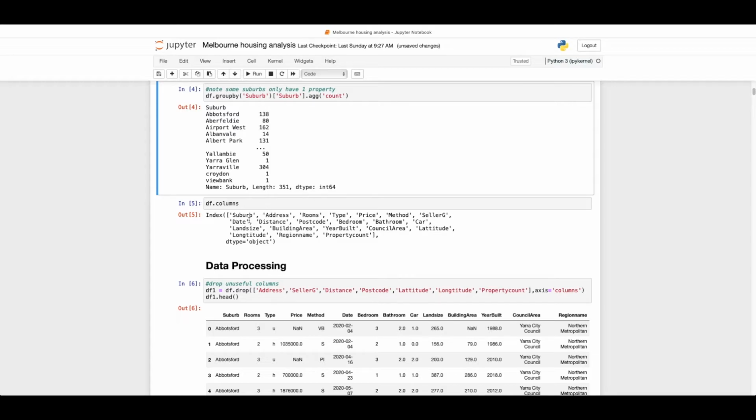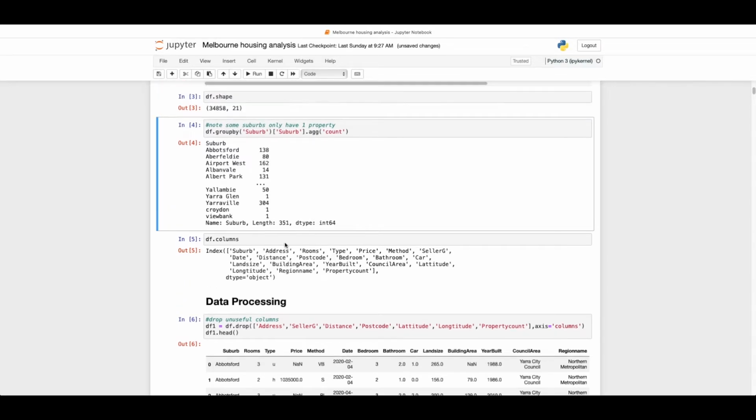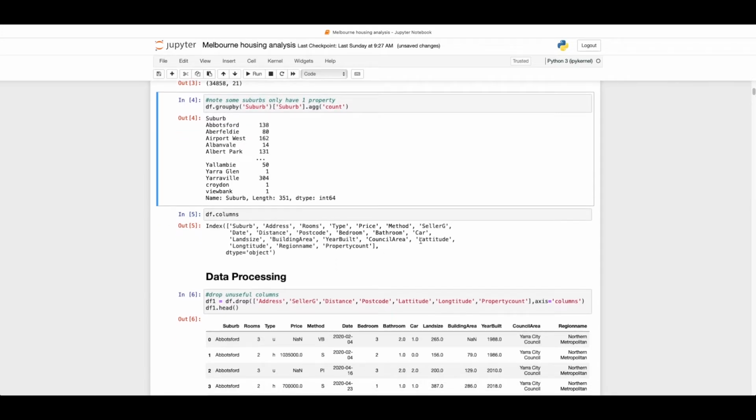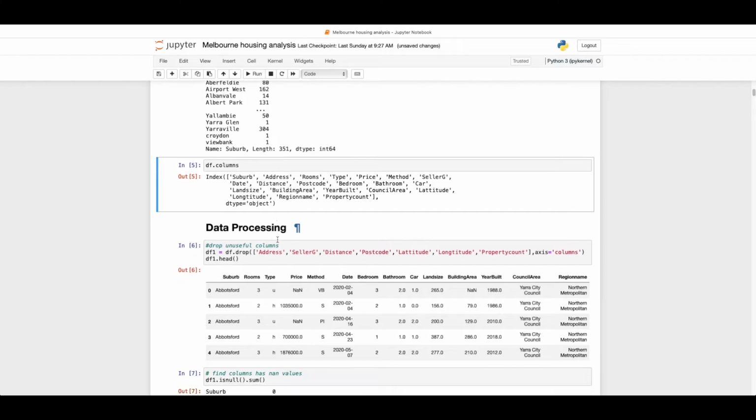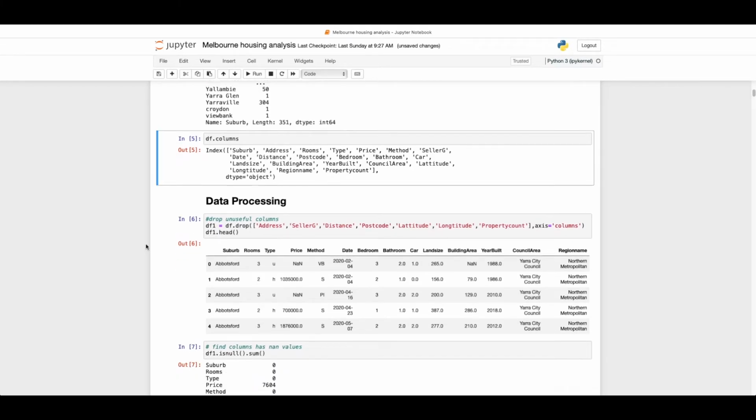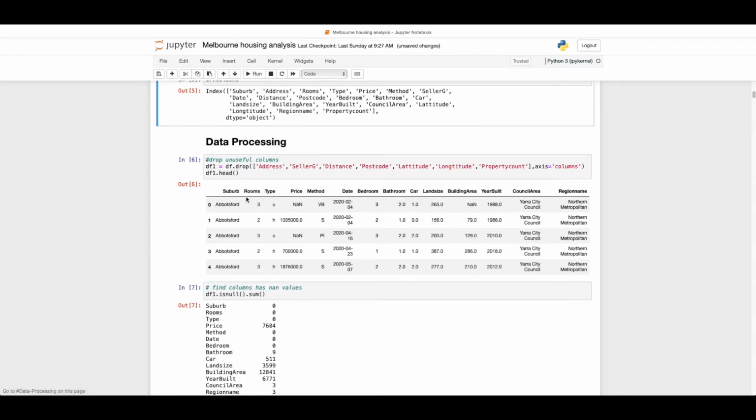And I checked the columns to get a feeling for the data. There are a couple of columns that seem useless for the analysis, like latitude, longitude, postcode, distance, and then I started data processing.